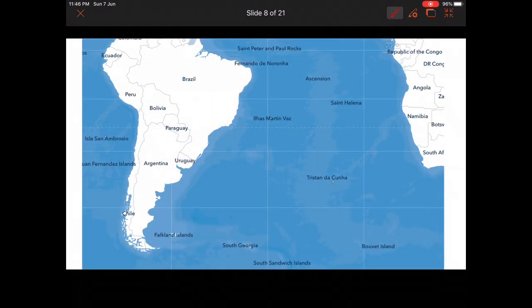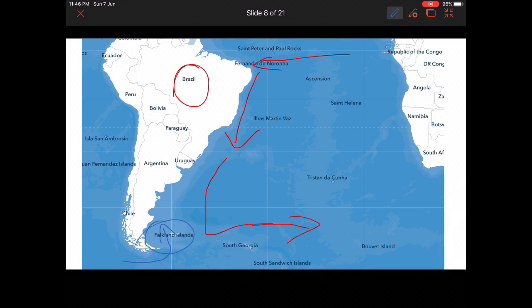So guys, I will draw it for you. Here you can see what is coming: south equatorial current, and it goes downwards as Brazilian current. Okay, and here it is South Atlantic drift. Okay, and then here comes the Falkland current, because of the presence of Falkland Islands, and it comes from polar region, so it is a cold current.